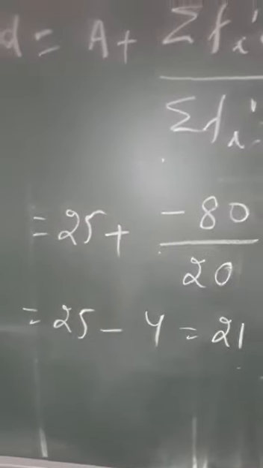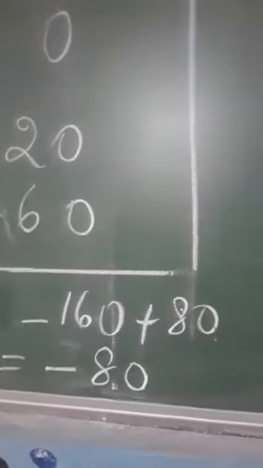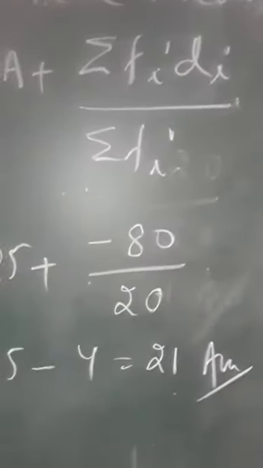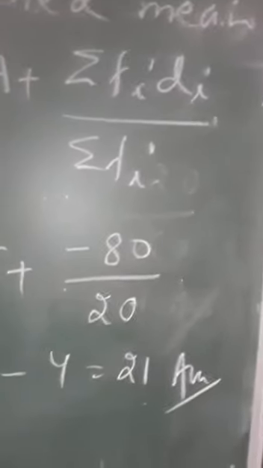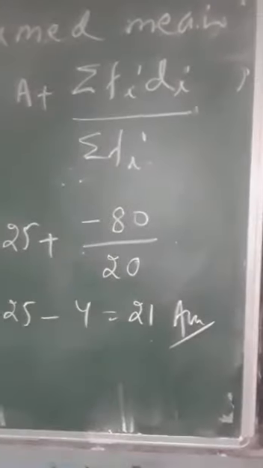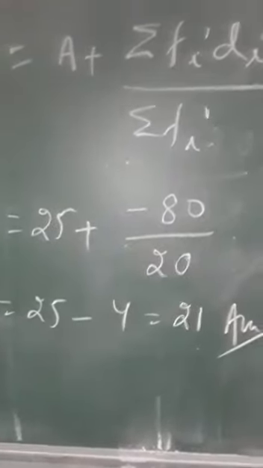Since assumed mean we have taken as 25, summation fi di we have just obtained minus 80, and summation fi we have obtained 20. Now this summation fi di is substituted with minus 80 and value of summation fi is substituted with 20. After solving it, 20 and 80, we get minus 4. So the final answer is the difference of 25 and 4, that is equal to 21.